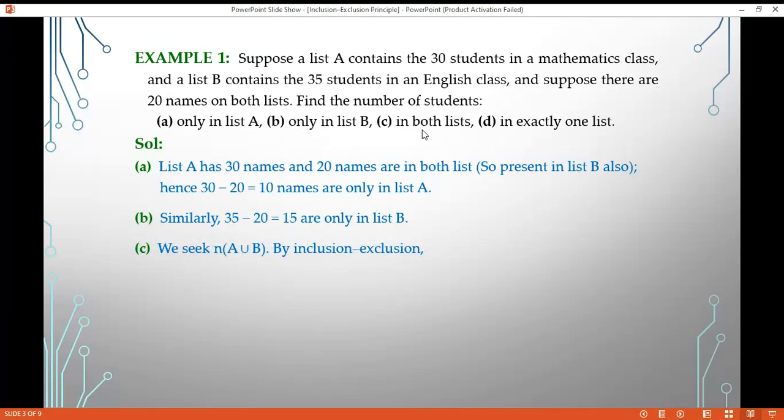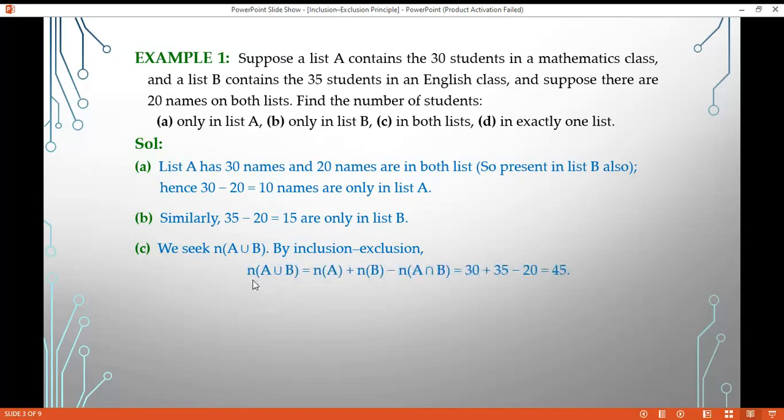Now the next one is both the lists. So how many students are in both lists? Here we calculate the number of A union B, because after calculating the number of A union B, we get the students in both lists, that is list A intersection list B. So here we use the inclusion exclusion principle.